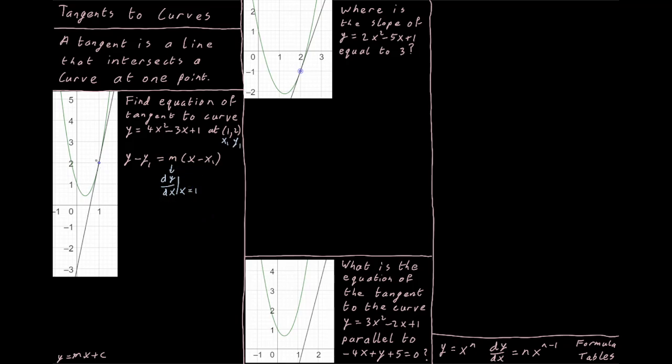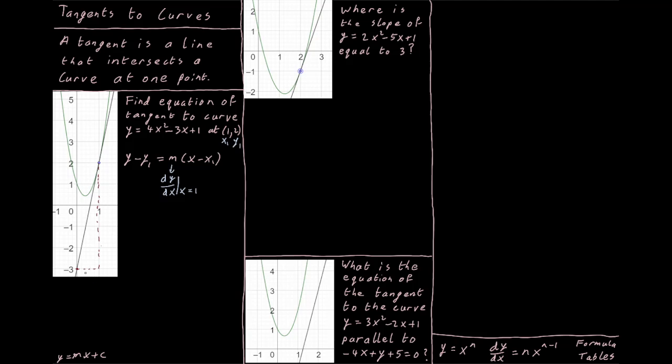Now, if I have a picture, I can also do this visually. So if I have a graph like this, I should be able to read it. So what's the equation of this black line? Well, if I have a picture, I can use y equals mx plus c, and I can say that its y-intercept, c, is minus 3, and if I run across by 1, I rise 5 spaces.